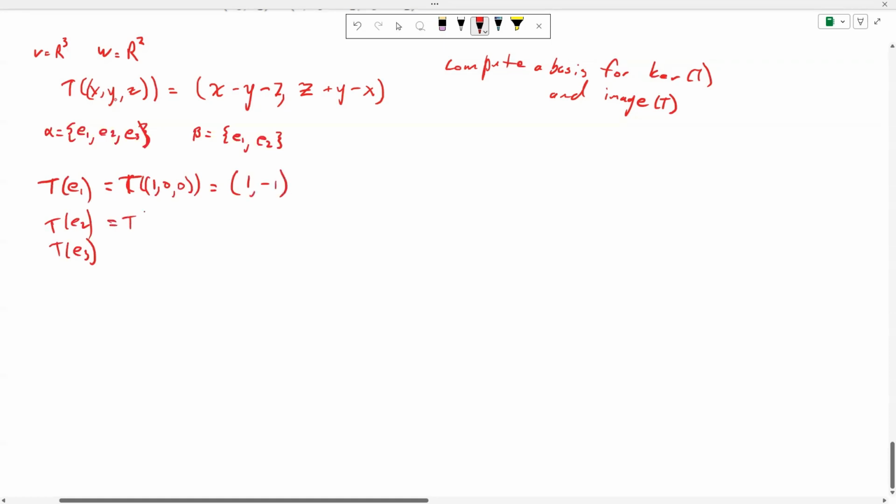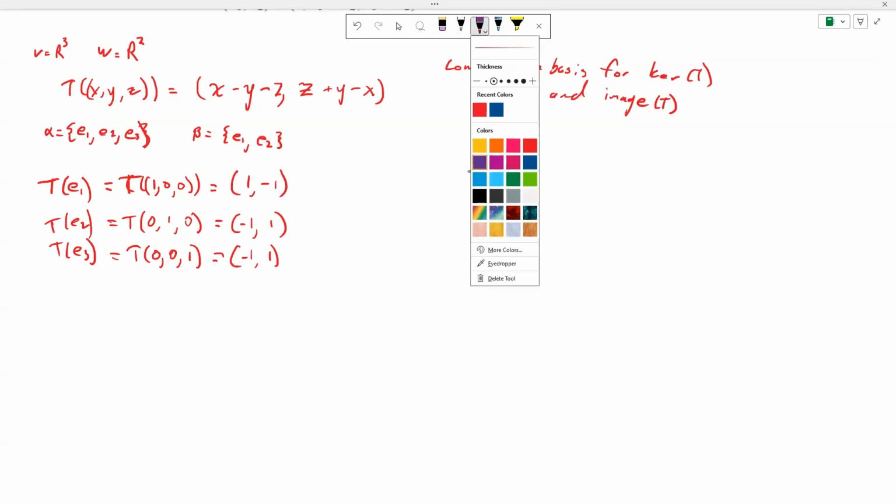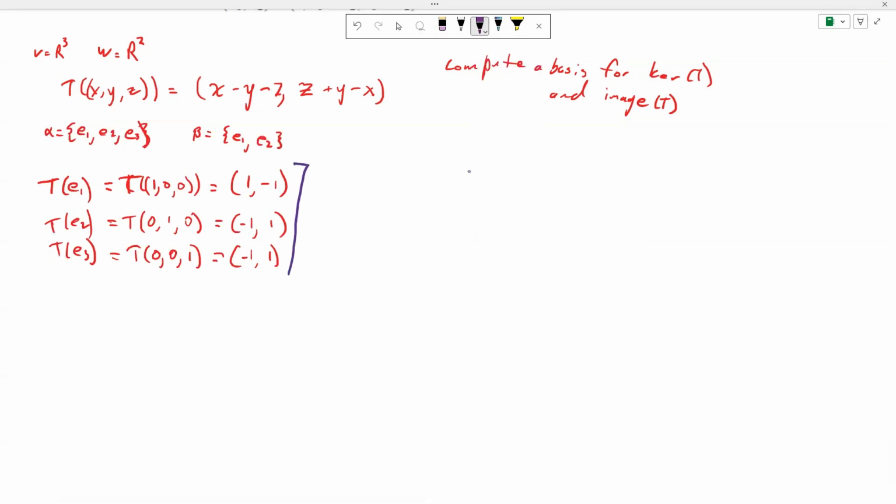We also get that T(0, 1, 0) is equal to (-1, 1), and T(0, 0, 1) equals (-1, 1). Now, we're going to keep track of these, and we're going to come back to this computation when we're referring to the image.